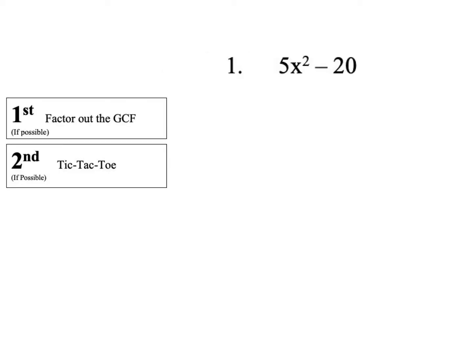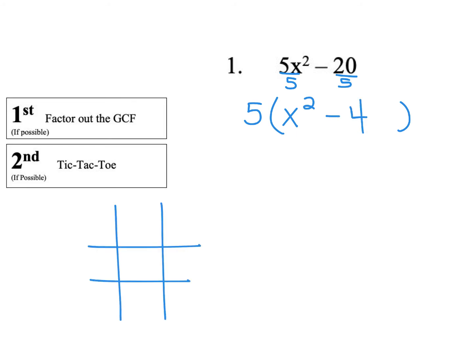All right, here's another example. 5x squared minus 20. Begin by factoring out your greatest common factor, which is 5. Going to divide each term in the binomial by 5 to get x squared minus 4. Now it is a binomial, but I'm going to attempt to factor this using tic-tac-toe. I notice I'm missing my middle term. It's in order. So I'm going to do x times x.